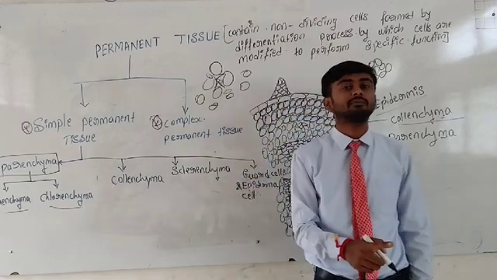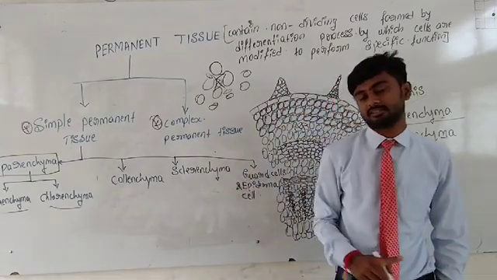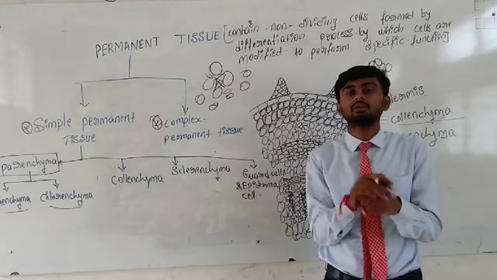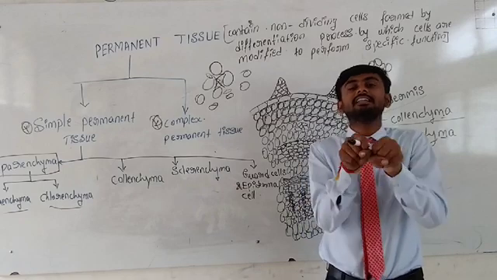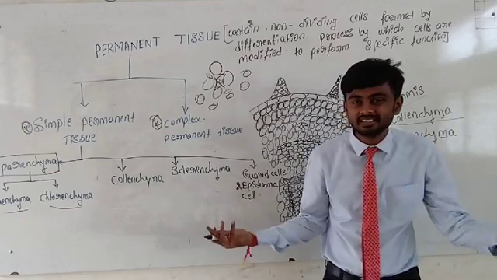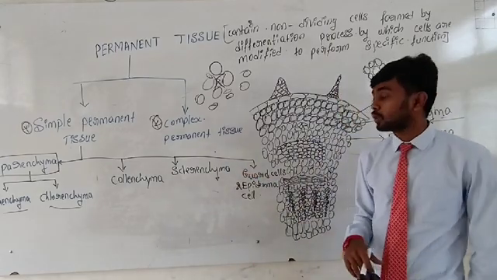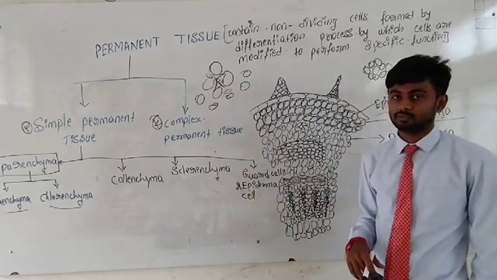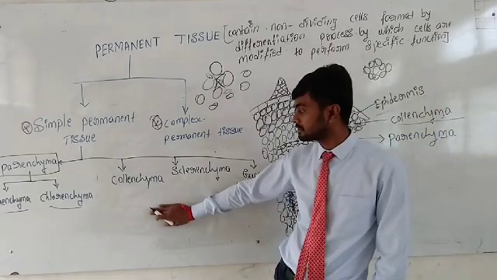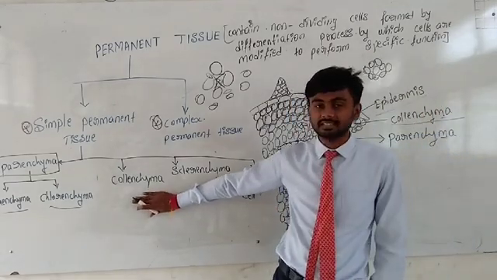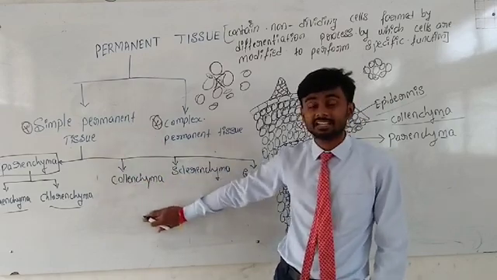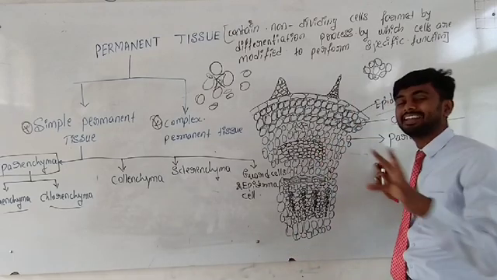Collenchyma is responsible for the flexibility of the plant bodies. The stems, the leaves, the branches are easily bent. They are easily allowed to bend due to the presence of collenchyma cells. Clear about collenchyma tissues? Collenchyma is a type of simple permanent tissue.